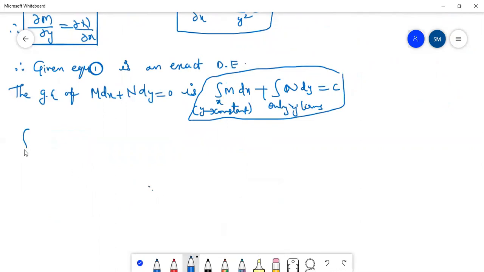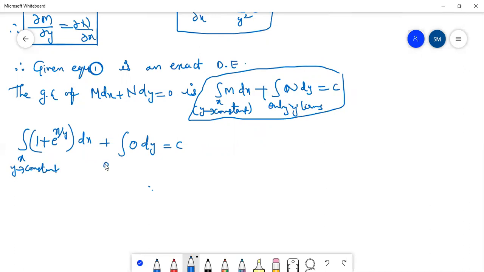Here, integral over x, what is the m function? M function is 1 plus e power x by y dx plus only y terms. In this, no y term, each and every term is involving x and y, so it's 0 into dy equal to c. Here y is treated as a constant, and here only y terms.